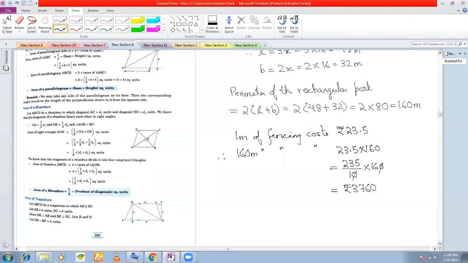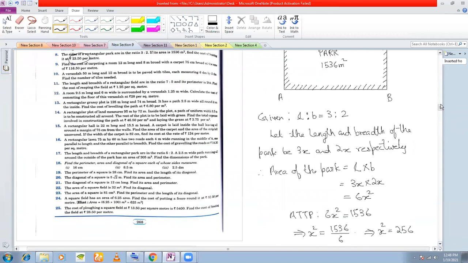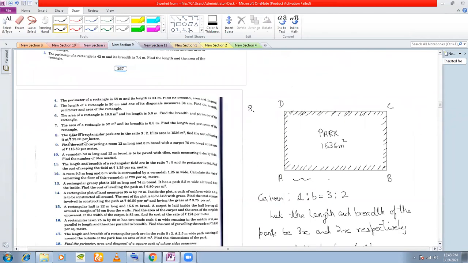This is the cost of fencing the entire park, because we are fencing two lengths and two breadths. All the boundary is being fenced, and 1 meter costs 23.5. So we found the perimeter, the sum of all the lengths, and then multiplied by the cost. Okay, so that is how you do this problem. Let us move on to the next problem, which is number 10.